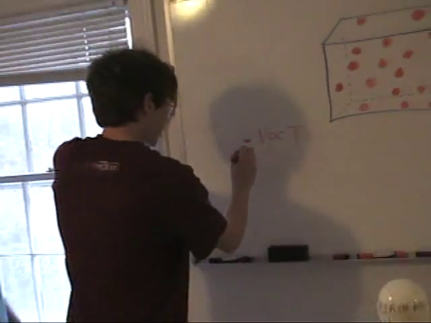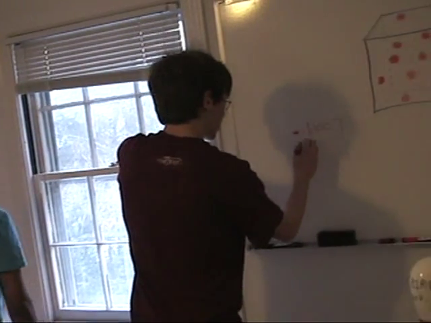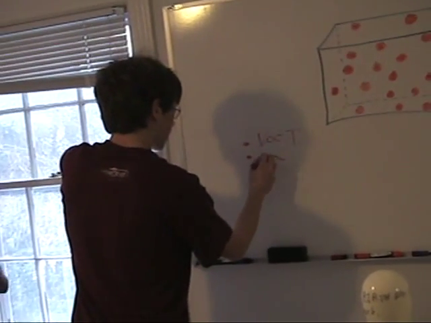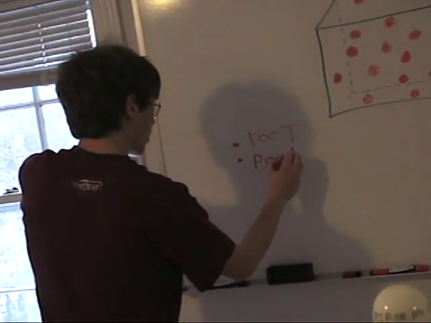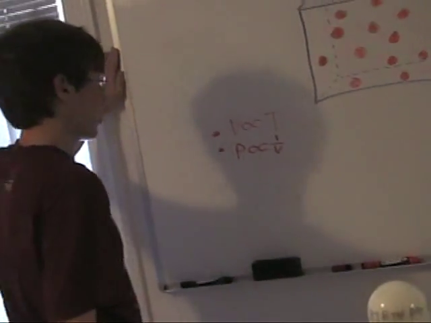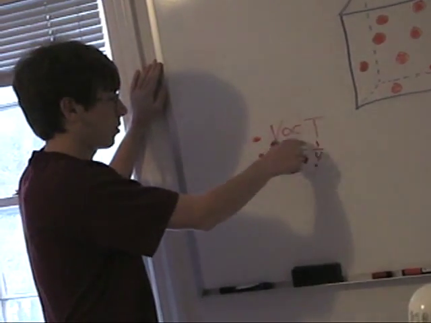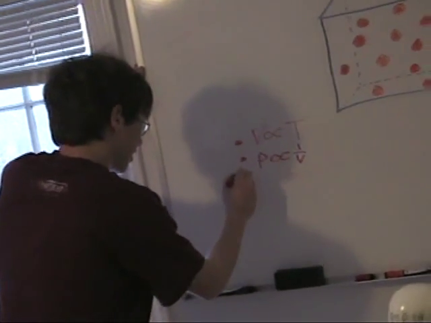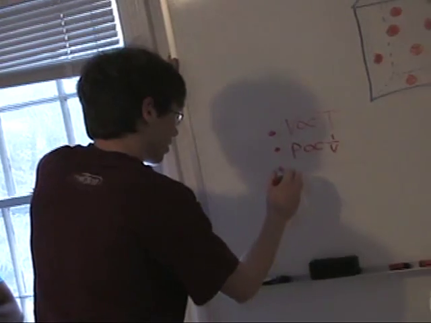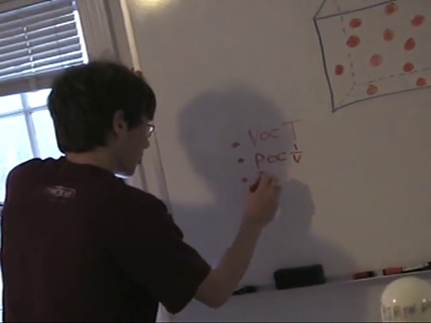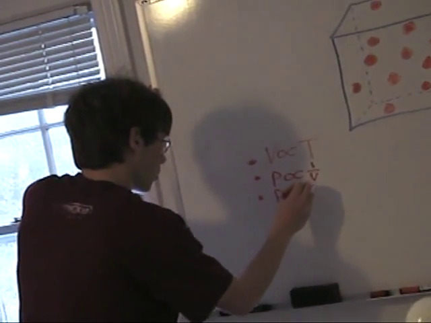The second is Boyle's law, which says pressure is proportional to 1 over volume, or pressure is inversely proportional to volume. By the way, this symbol means proportional to. And the final one is Gay-Lussac's law, which says pressure is proportional to temperature.